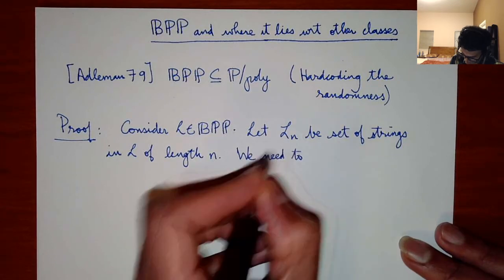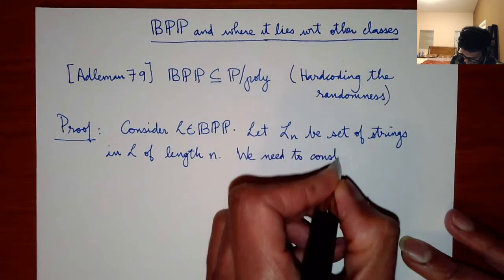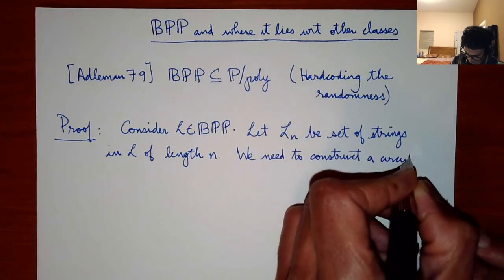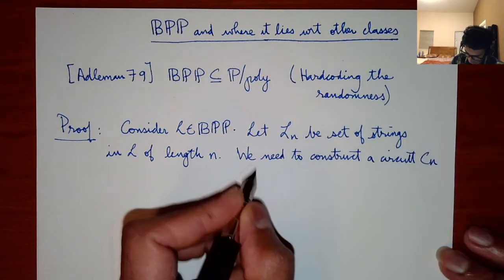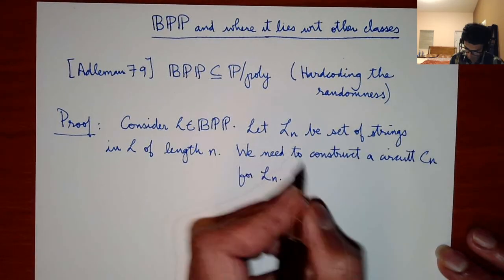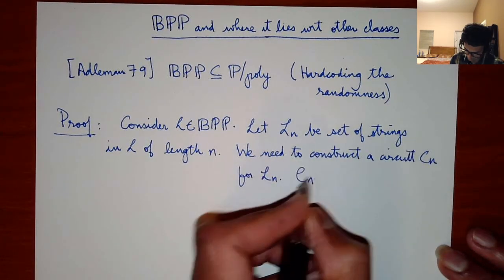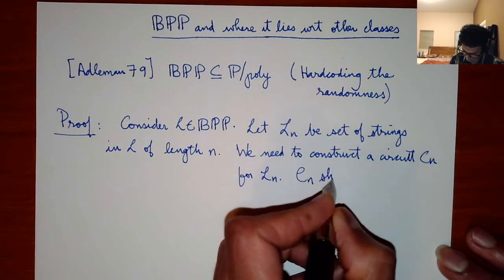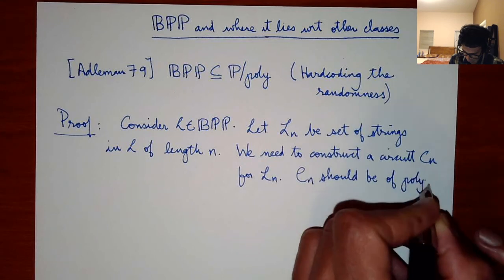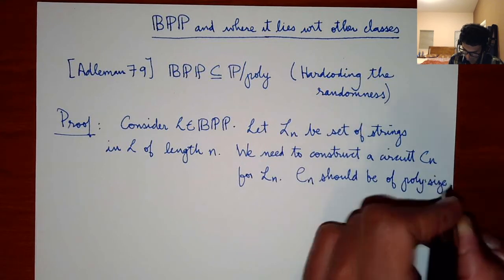We need to construct a circuit Cn for Ln, and we also want the size of Cn to be polynomial size.